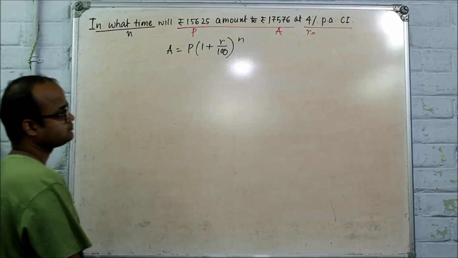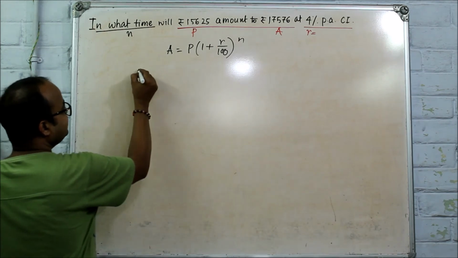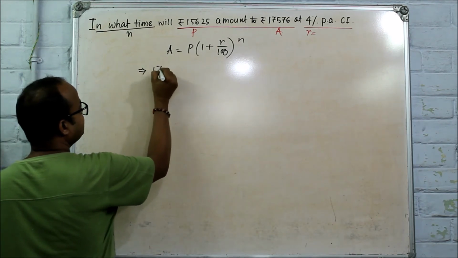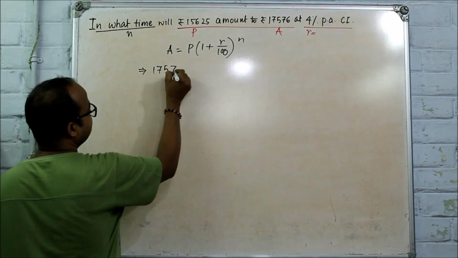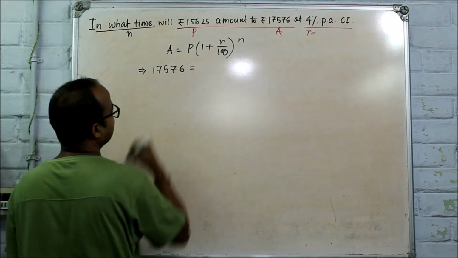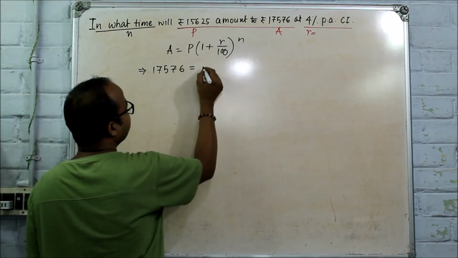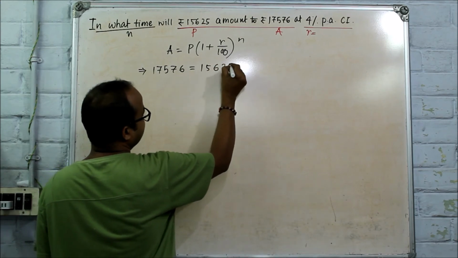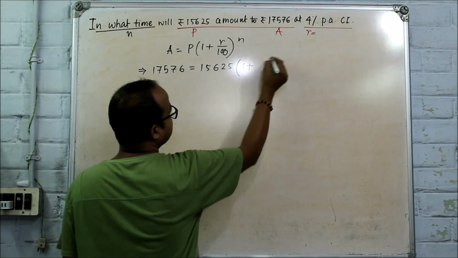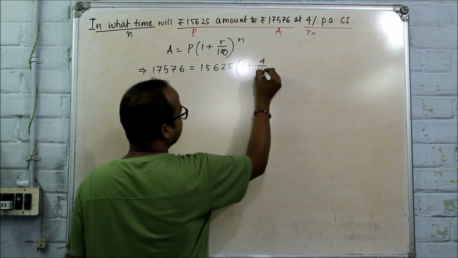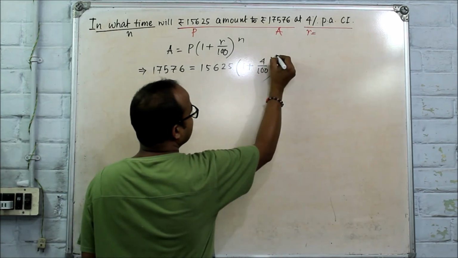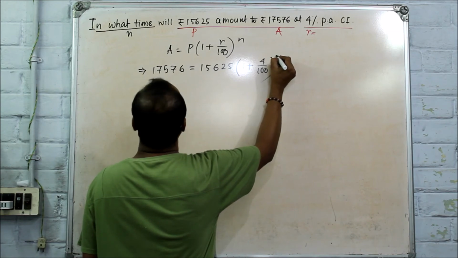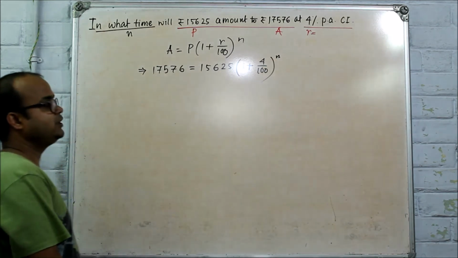In place of A we substitute 17576 is equal to, in place of P we write 15625 (1 + 4/100)^n, because we need to find out n.